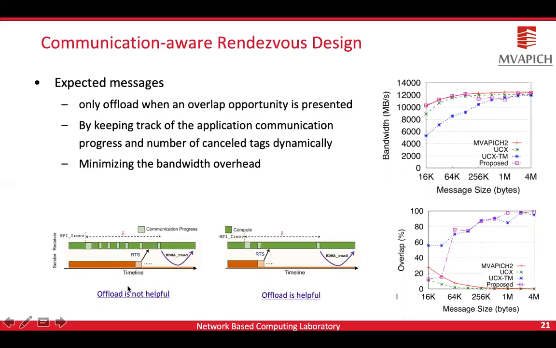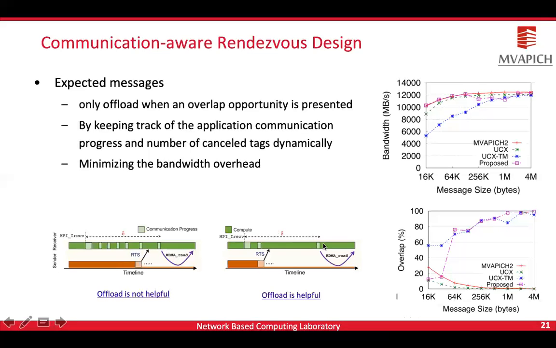So here, on the left-hand side, since the receiver side progresses the communication frequently enough, there is no need for hardware tag matching because there is already enough communication progress happening at the receiver side. Therefore, when the RTS is received, the receiver side can quickly respond to it and issue RDMA read. And therefore, it can avoid the bandwidth issue of the offloaded receive request.